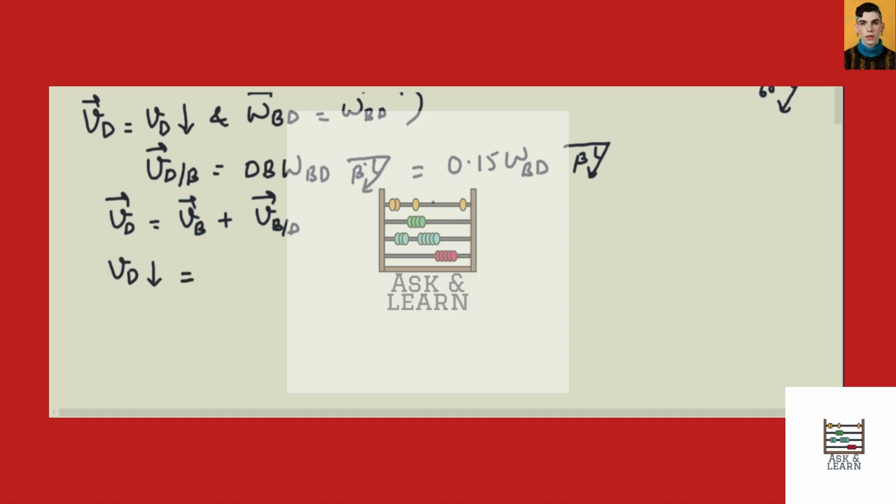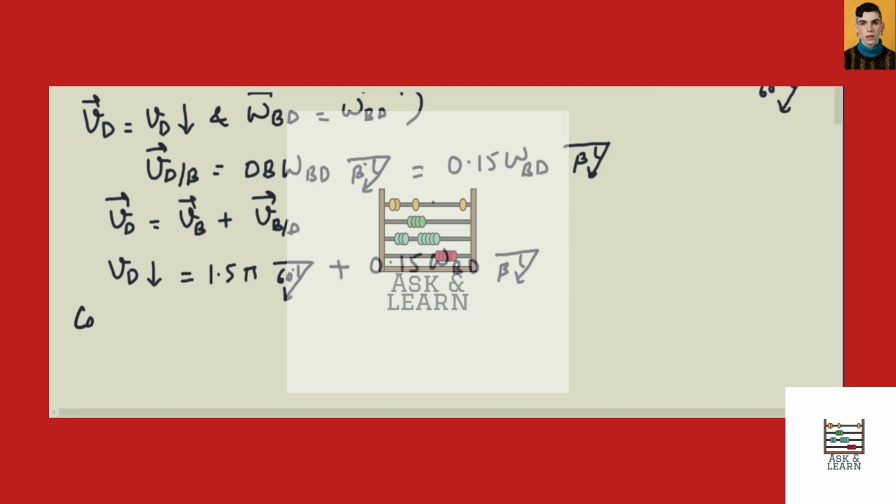Velocity of B, you know, 1.5 pi meter per second in this direction, plus 0.15 omega BD in this direction.